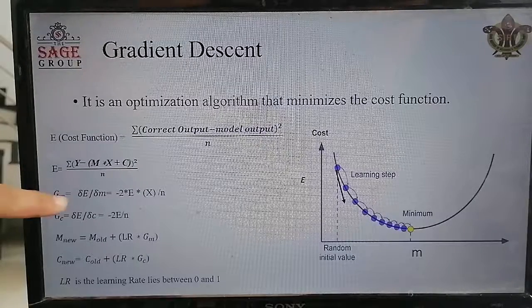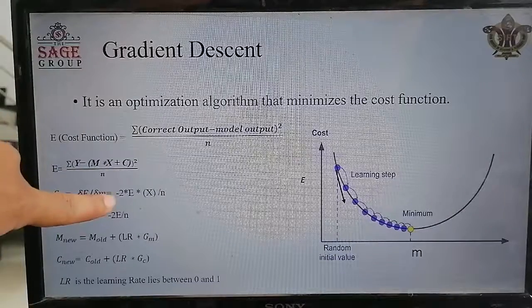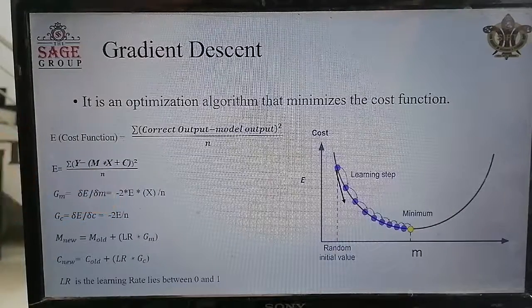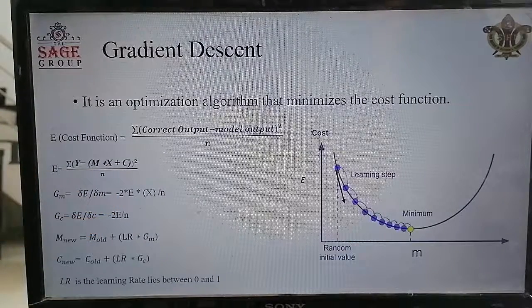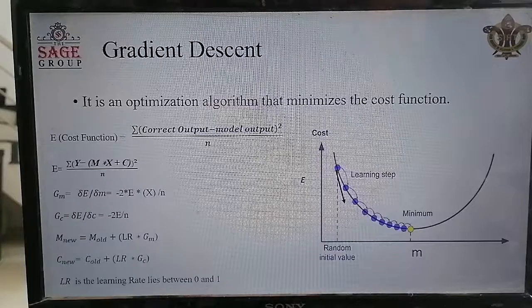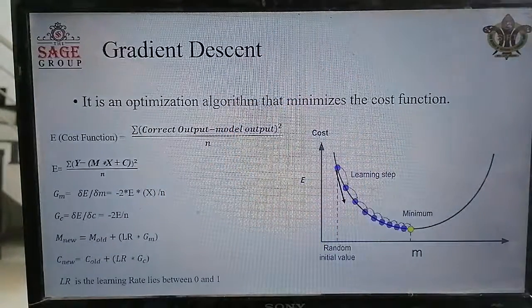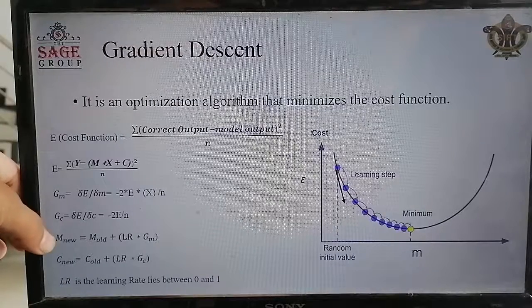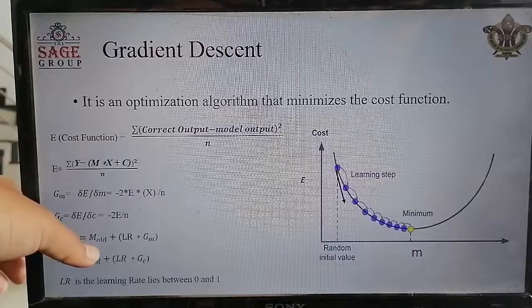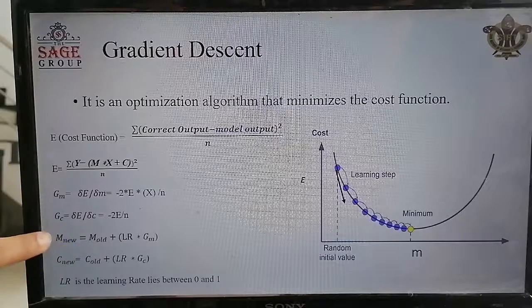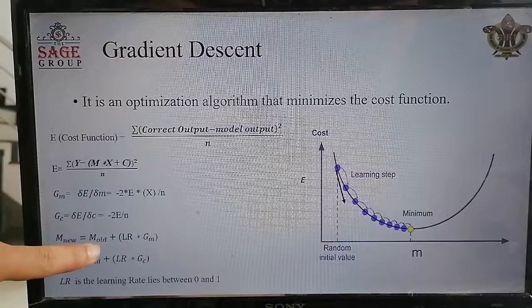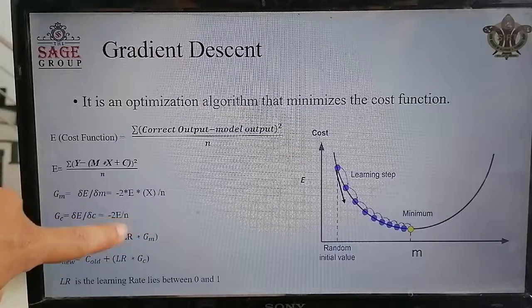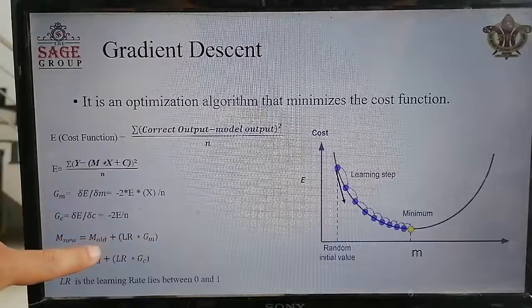This is the gradient of m, and this is the gradient of c, and this is the amount by which we change the values of m and c. This is the new value of the slope, and this is the old value. To get the new value, we add the gradient to the old value.